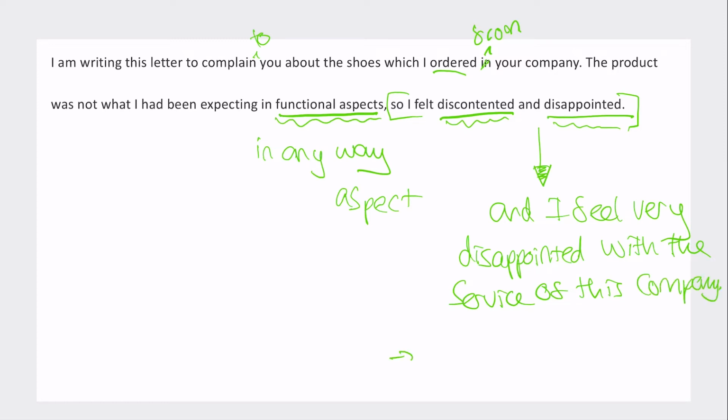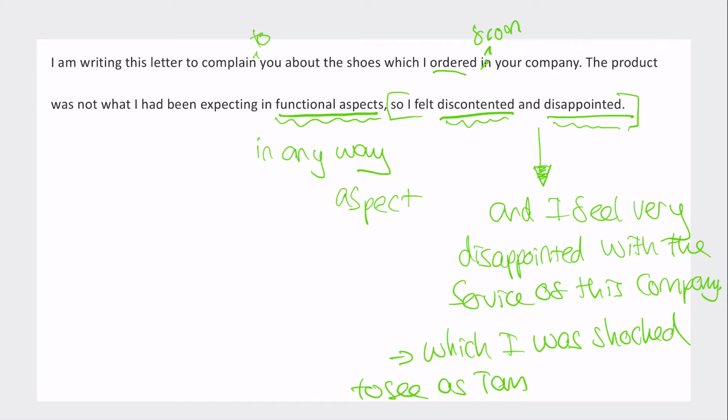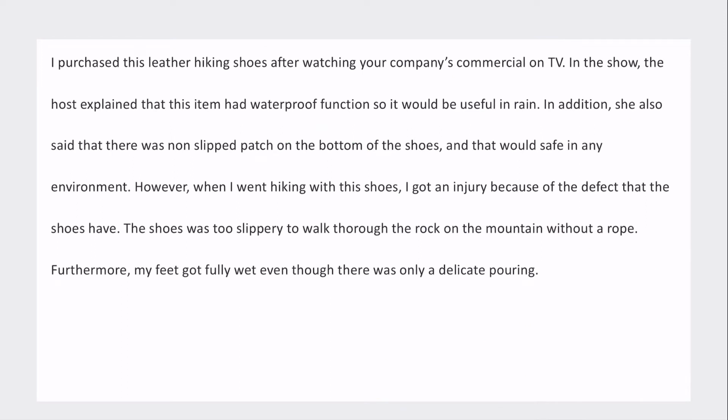Well, you can maybe say something which I was shocked to see, as I am a regular customer of your brand. That would all sound a little bit more natural than to say I felt discontented. Discontent is not really used in this situation, and it's kind of an old-fashioned word, so it's really not common to use discontented nowadays.